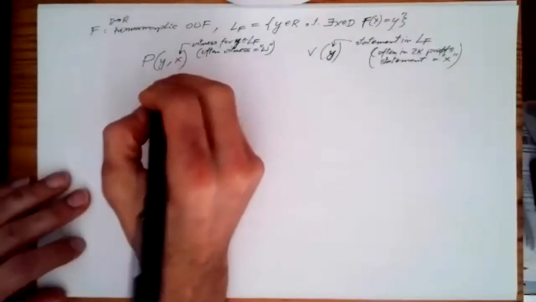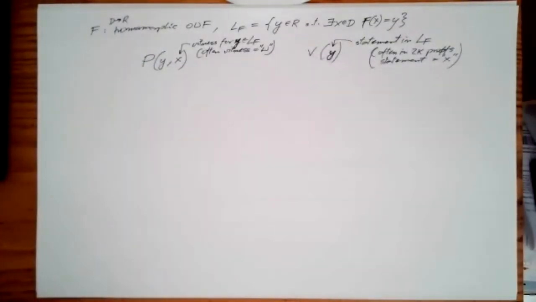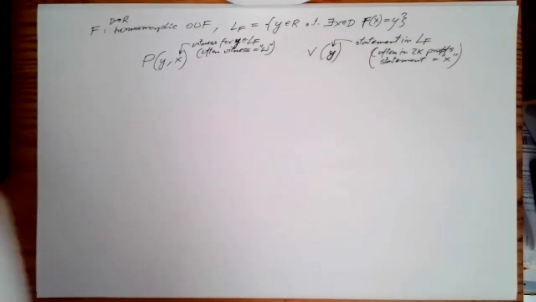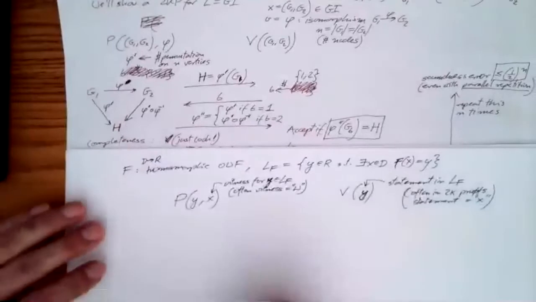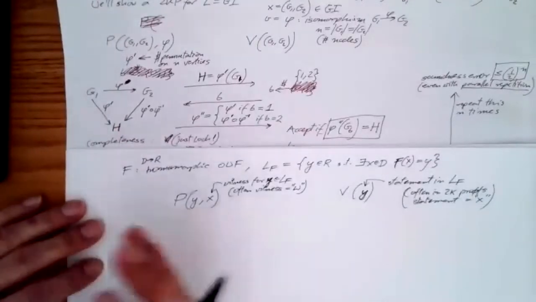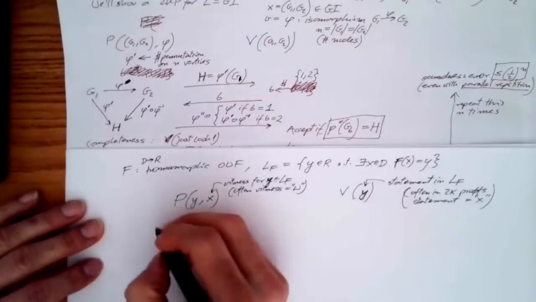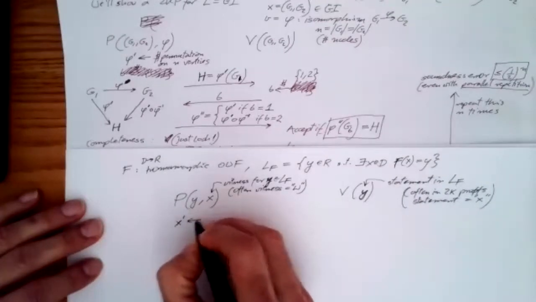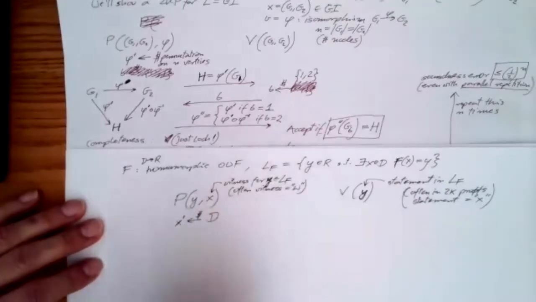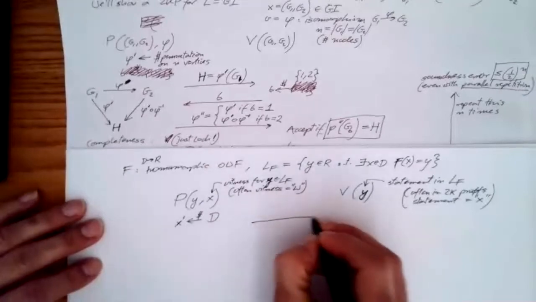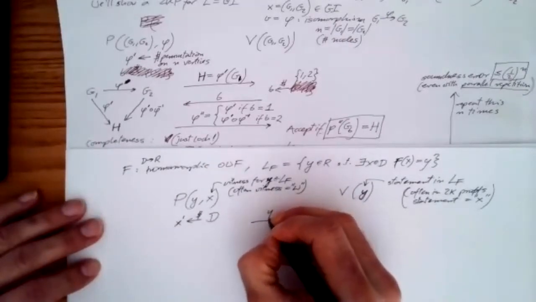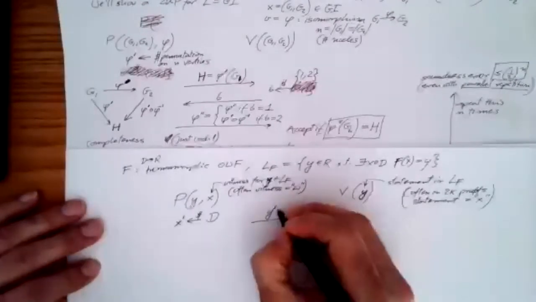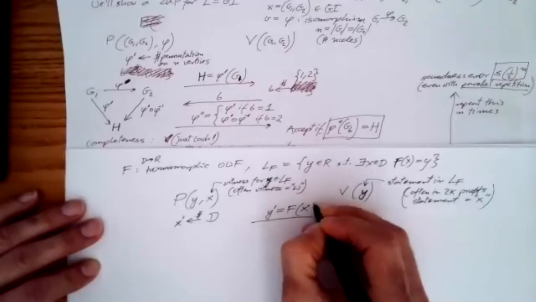Okay, so what does the prover do? Well, something not dissimilar from the graph isomorphism, let's take it as a kind of a blueprint and try to use that intuition. So the prover is going to pick a new random witness from the domain of the function, and he will give to the verifier the image of the same function on this random point.